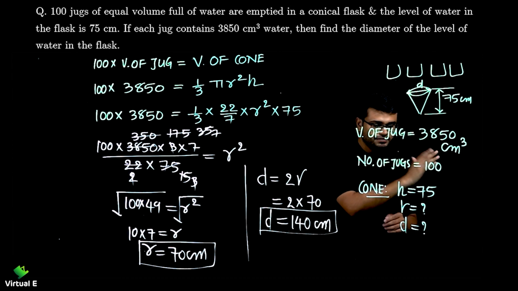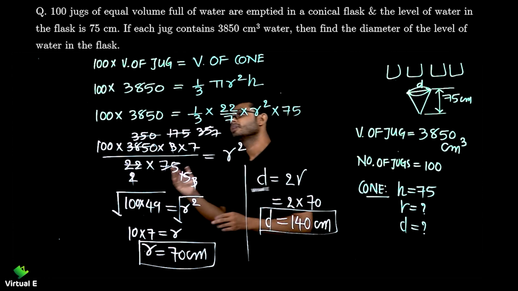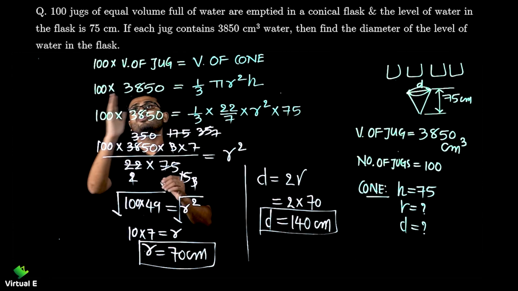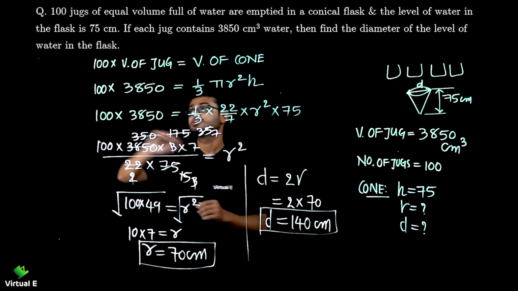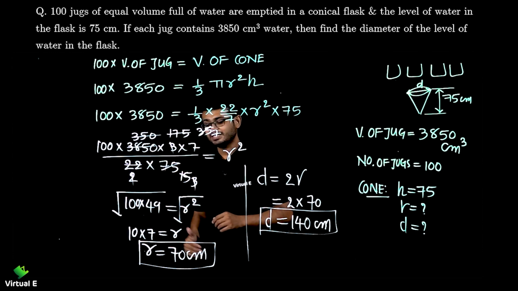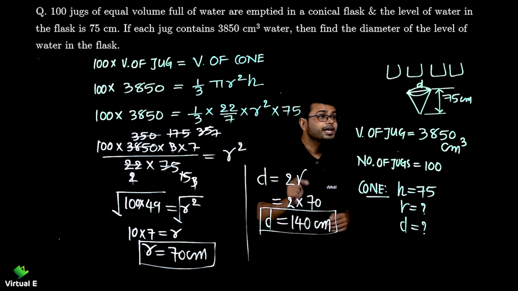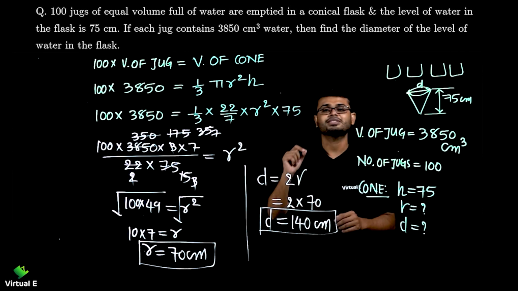The number of jugs is given, 100, H is given, D is missing. So what I did, I compared the volume. 100 multiplied by the volume of one jug is equal to the volume of the cone. So 100, 3850, substitute the values, simplify and get the value of R. Don't forget that we need the value of the diameter. So the diameter is 140 centimeter.